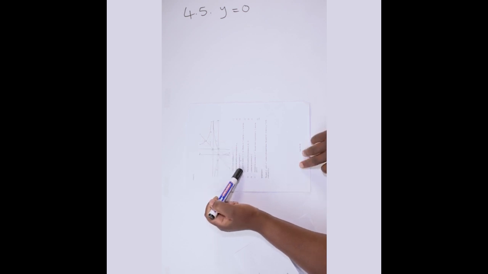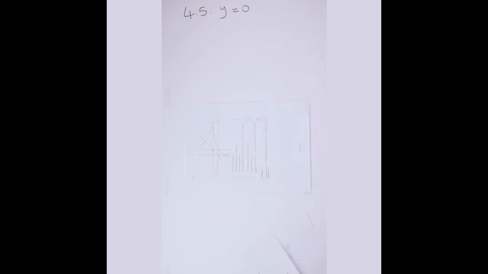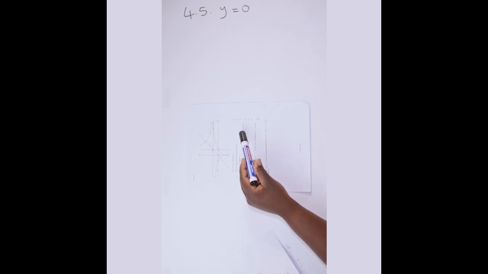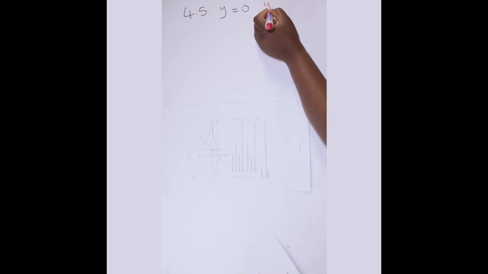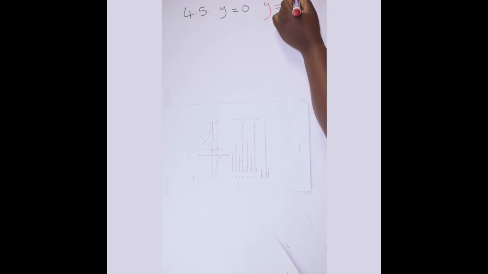Remember, we had written the equation of h in 4.4, which was the reflection of f in the line y equals x. So, let's remind ourselves, it was y equals 5 to the power x.